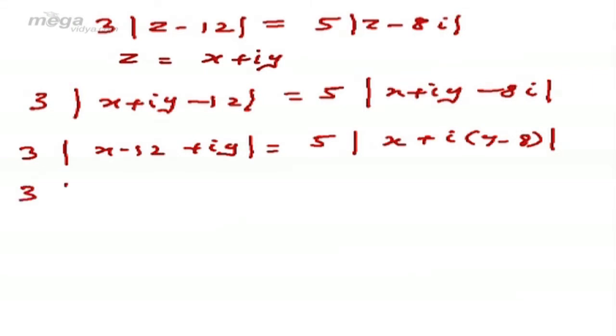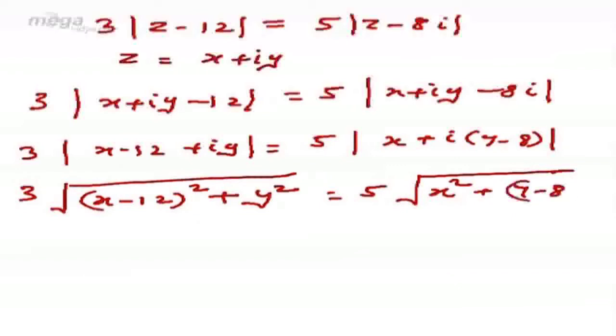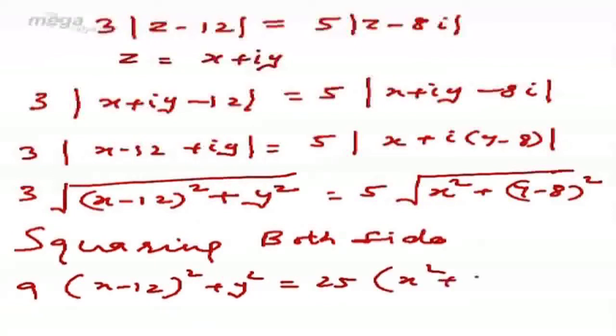Now 3 into root of real part to the power 2 plus imaginary part to the power 2 is equal to 5 times root of real part to the power 2 plus imaginary part to the power 2. Now squaring both sides, you will get 9 into (x minus 12) to the power 2 plus y square is equal to 25 into x square plus (y minus 8) to the power 2.